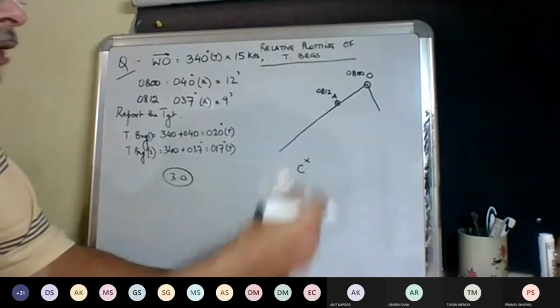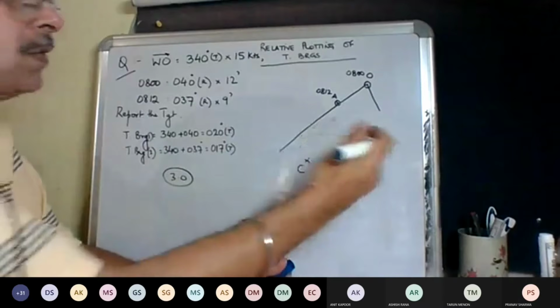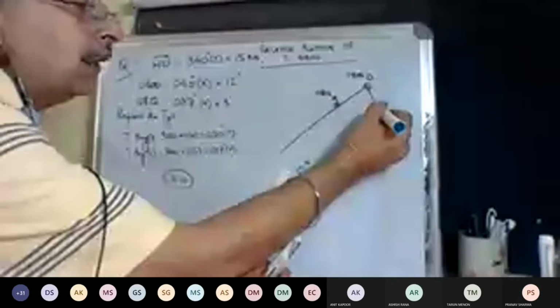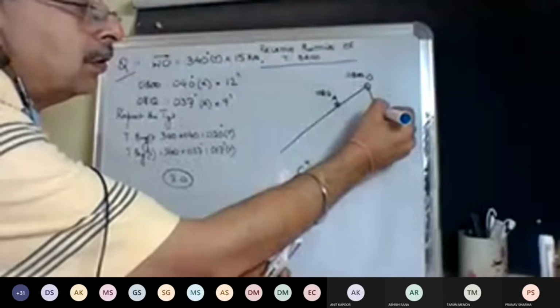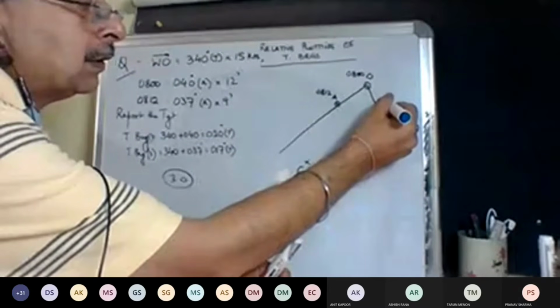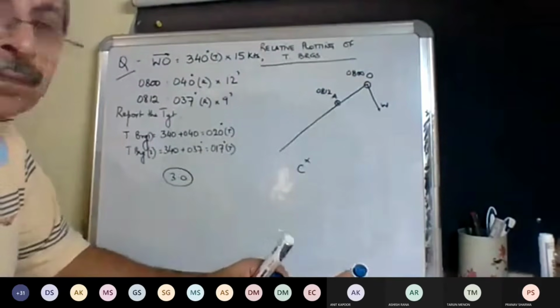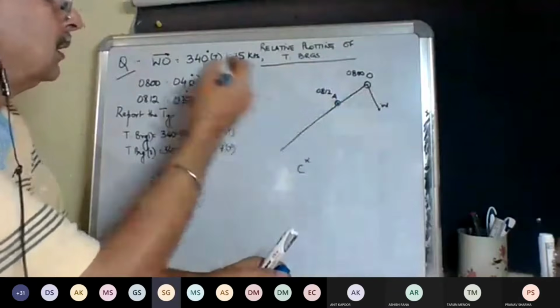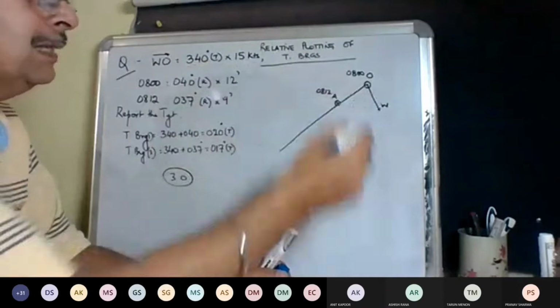That means from O, head back and mark 3 miles away on this line. Call that point W. So W to O is heading 340, 3 miles.